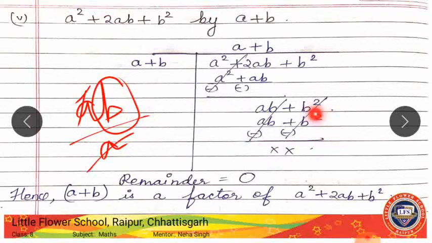Again sign changed. All the terms are getting cancelled. We are getting the remainder 0, right? Hence, what does it mean? a plus b is a factor of the given dividend, that is a square plus 2ab plus b square. Okay.